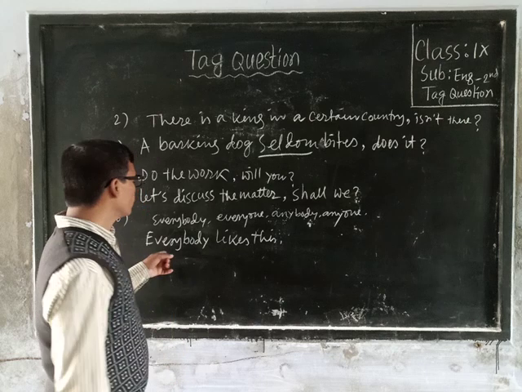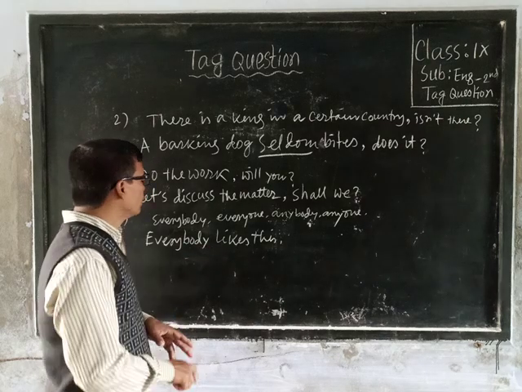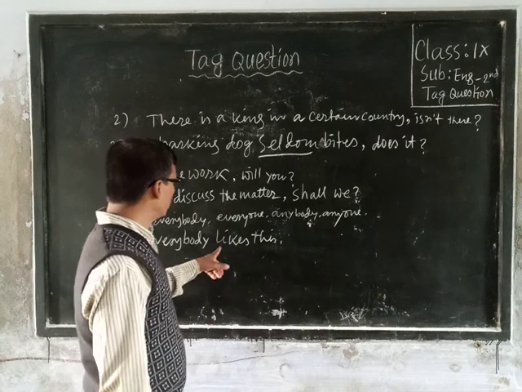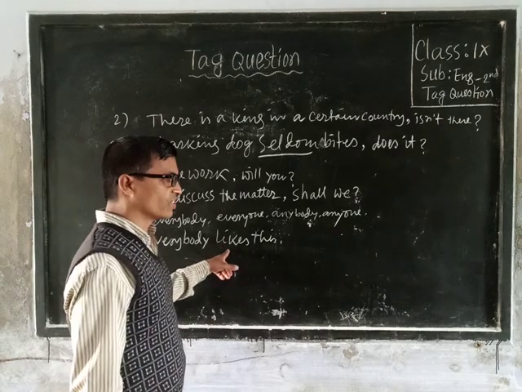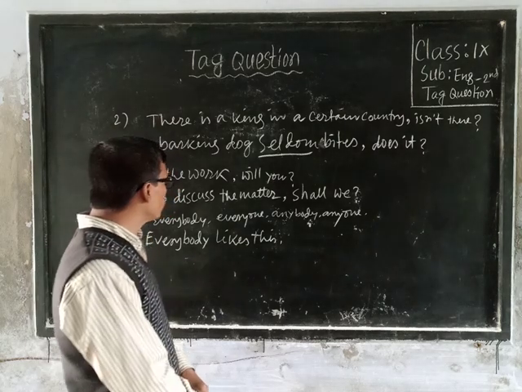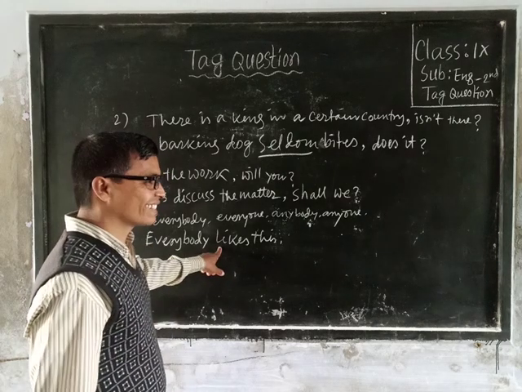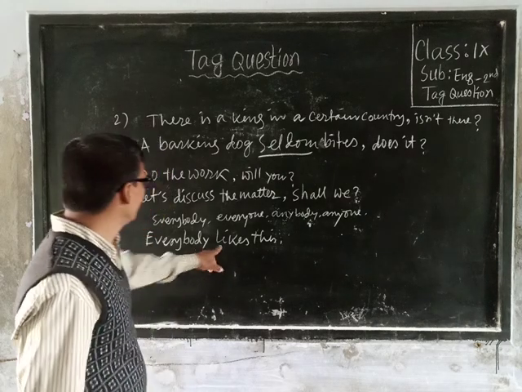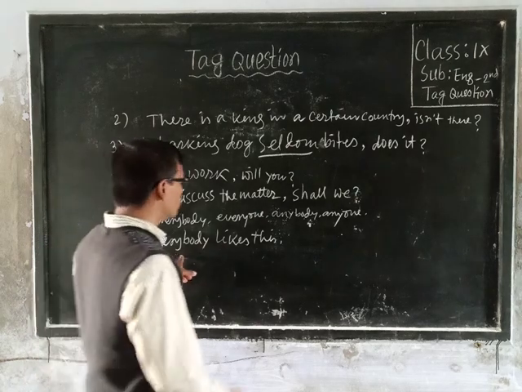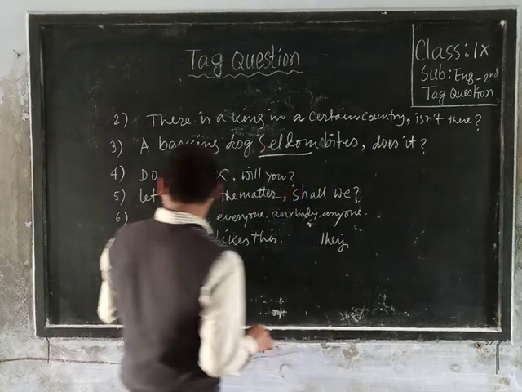So dear students, everybody likes this is our sentence, and now we are going to make it a tag question. As there is "likes", according to the rule, "does" comes here, but as there is "everybody", we have to use "they" instead of everybody.